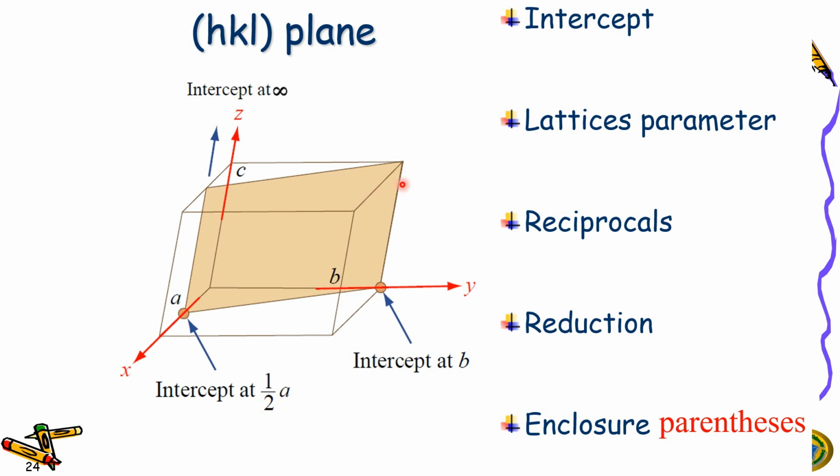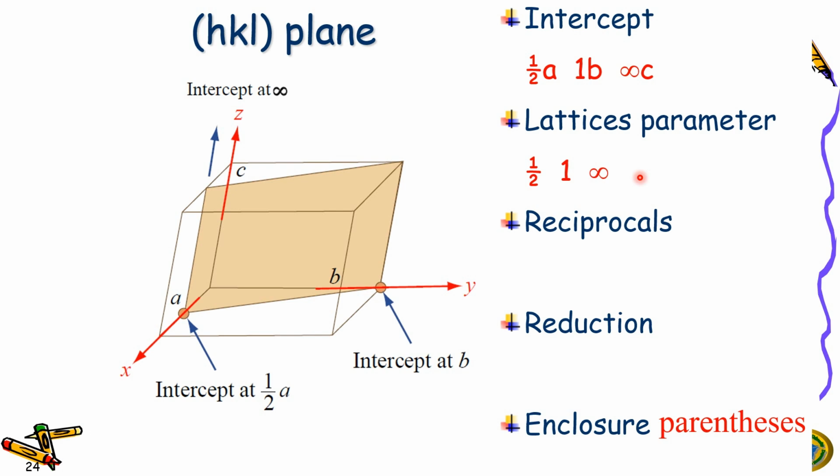How about C? Because this plane never touches the z-axis, it is infinite. So the intercepts are half A, 1B, and infinite C. You take ABC out, so that's half, 1 and infinite.